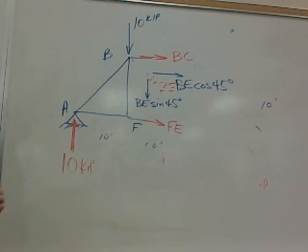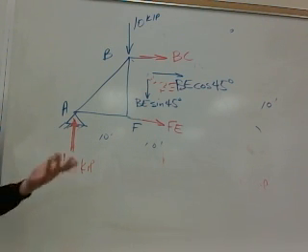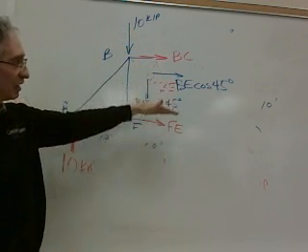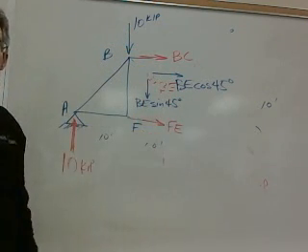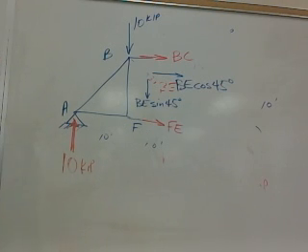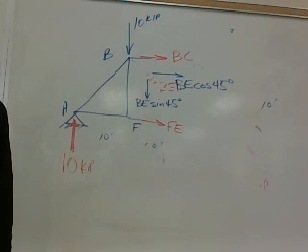How about write equilibrium equations? Where should I start writing equilibrium equations? A lot of people would say sum of forces in the x. I want you to look up here and tell me how many x unknowns do you have in this section? 3. So you can write the x equation, but it's not going to solve anything right away.